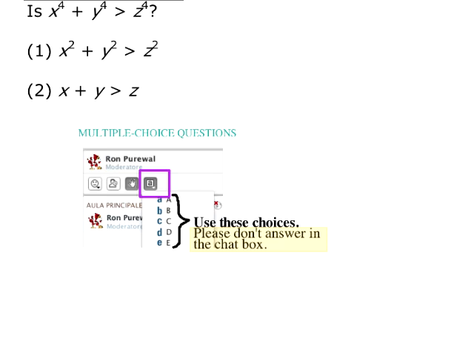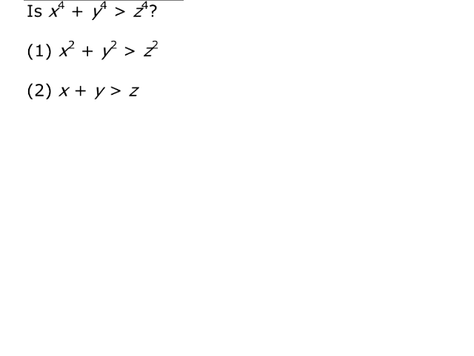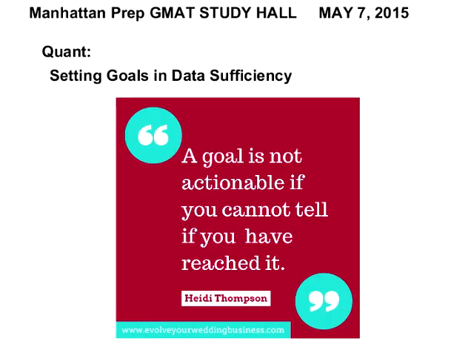So, okay, when you have data sufficiency questions, there's a couple things to understand about this. The first is that questions are either yes, no, or they are like find this quantity type of thing. So this is the yes, no variety of questions. By the way, going back to that graphic that we had on the cover for a second, the first page of the study hall, this is kind of a cute quote, but it's actually the point here.